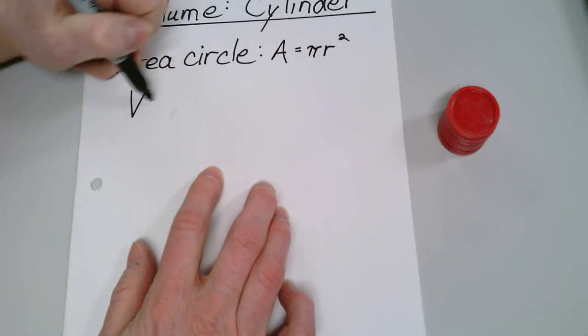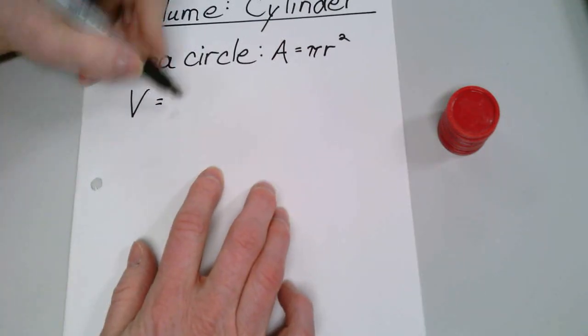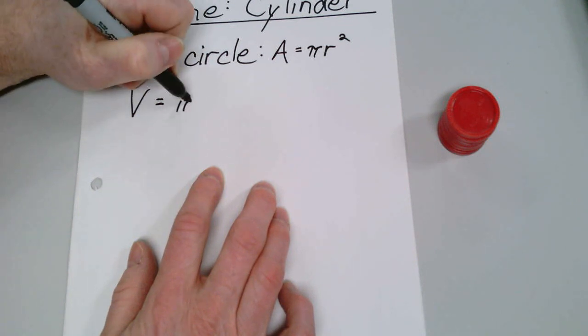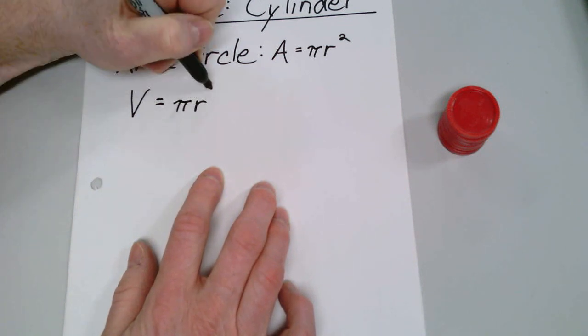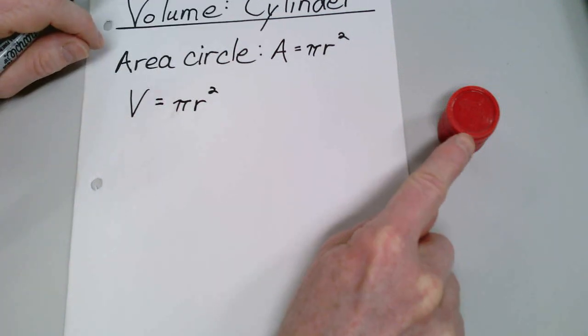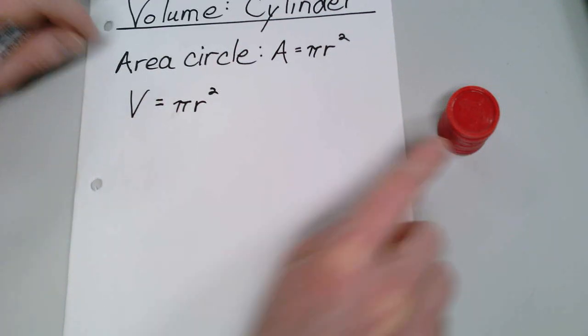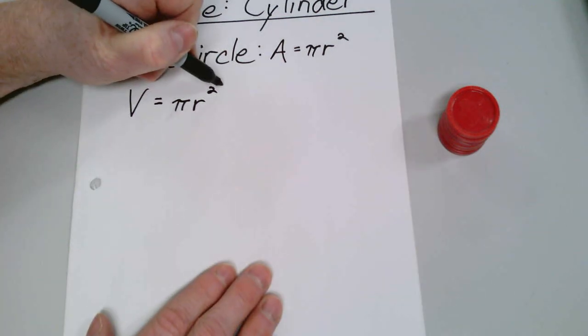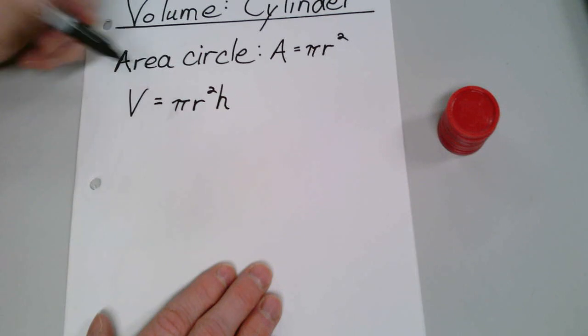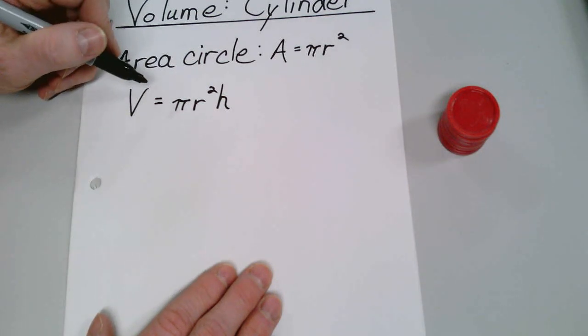So having said that, our formula for the volume of a cylinder would be V equals pi r squared, because it is the circle, but then we have to take into account how high it is, so times h. So let's do a question around that.